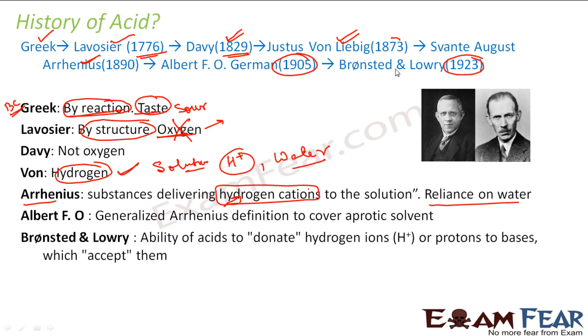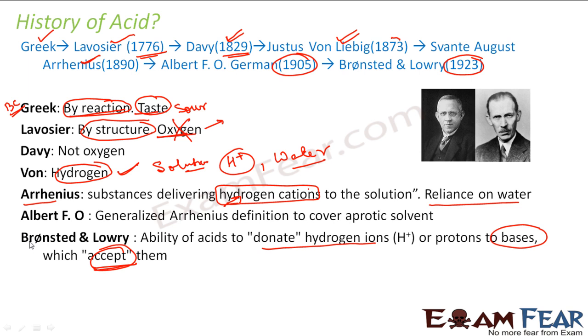He gave a very good definition: the ability of an acid to donate hydrogens to a base. That means he defined both acid and base. Acid is something which donates hydrogens, and base is something which accepts them, right?